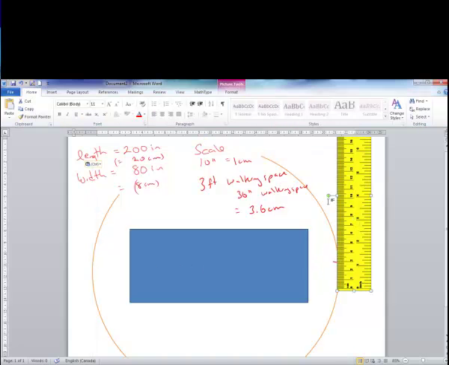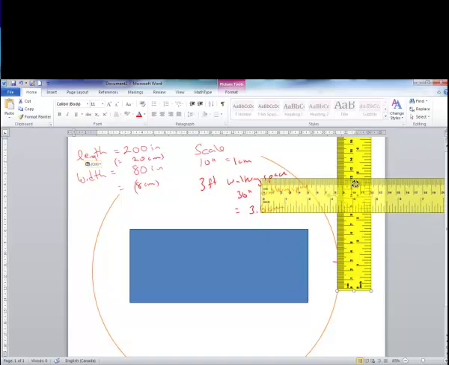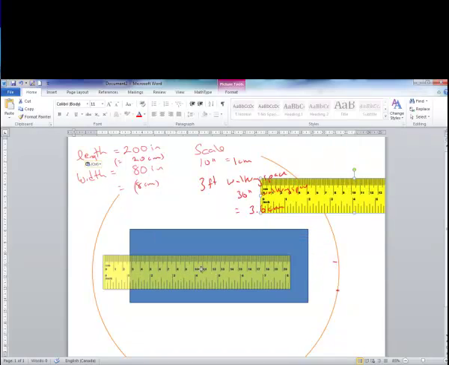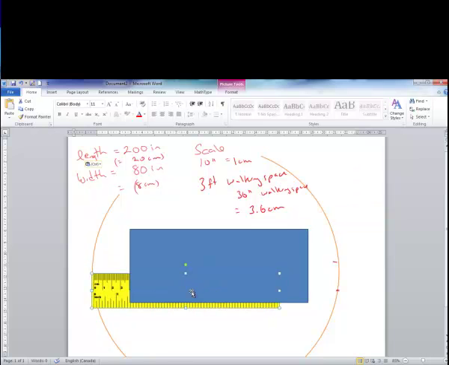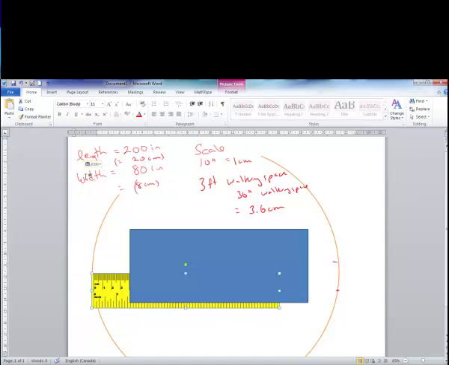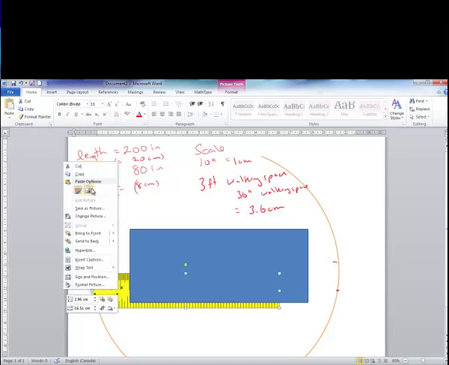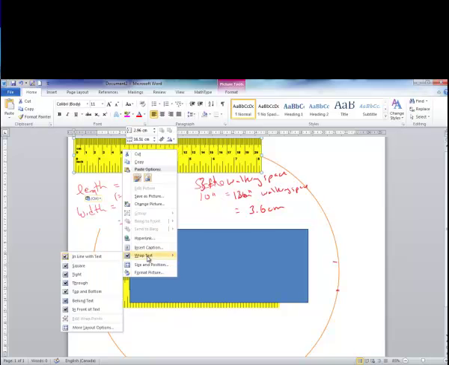Well, I'm going to take my ruler, and the easiest thing to measure on a circle is the diameter, not the radius, because it's hard to find the center of your circle. So I'm going to measure the diameter, and it's going from there. I guess I need a second ruler, so I'm going to copy and paste that one. Copy, paste. Okay, and I'm going to get this one, wrap it in front.